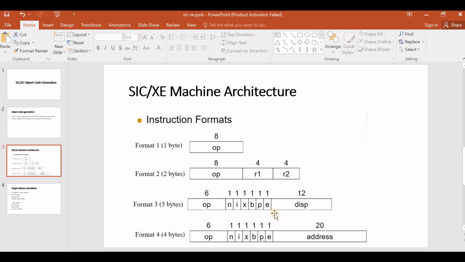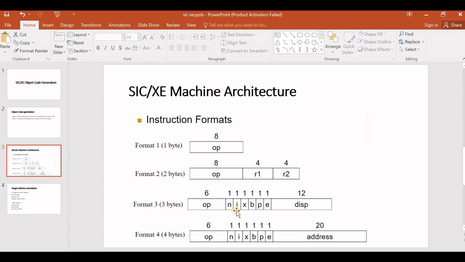Coming to the addressing modes mentioned in format 3 and format 4: N represents the indirect addressing mode. Any instruction in which the operand begins with the @ symbol is said to be in indirect addressing mode. Whenever the instruction is in indirect addressing mode, the N bit will be set to 1, otherwise the N bit will be reset to 0.